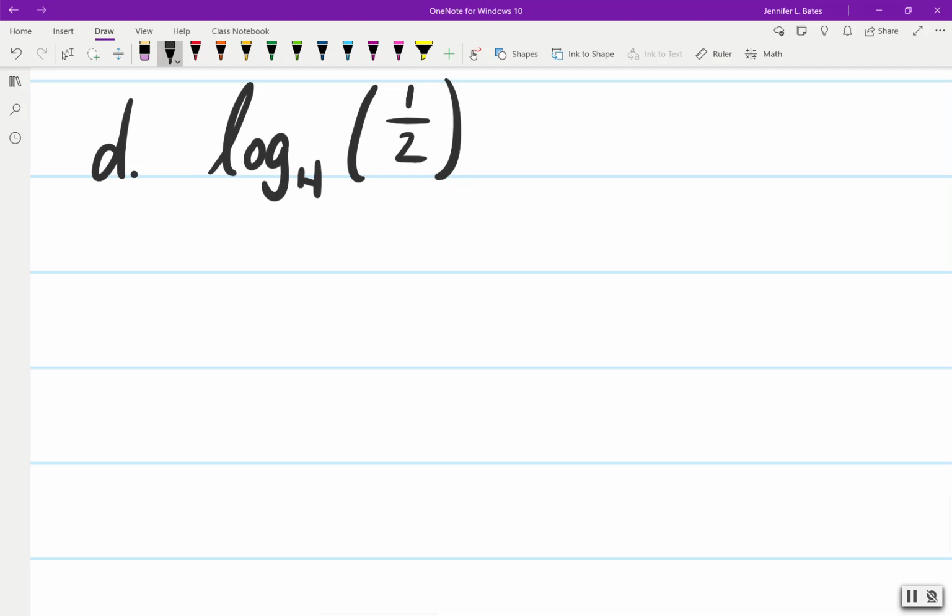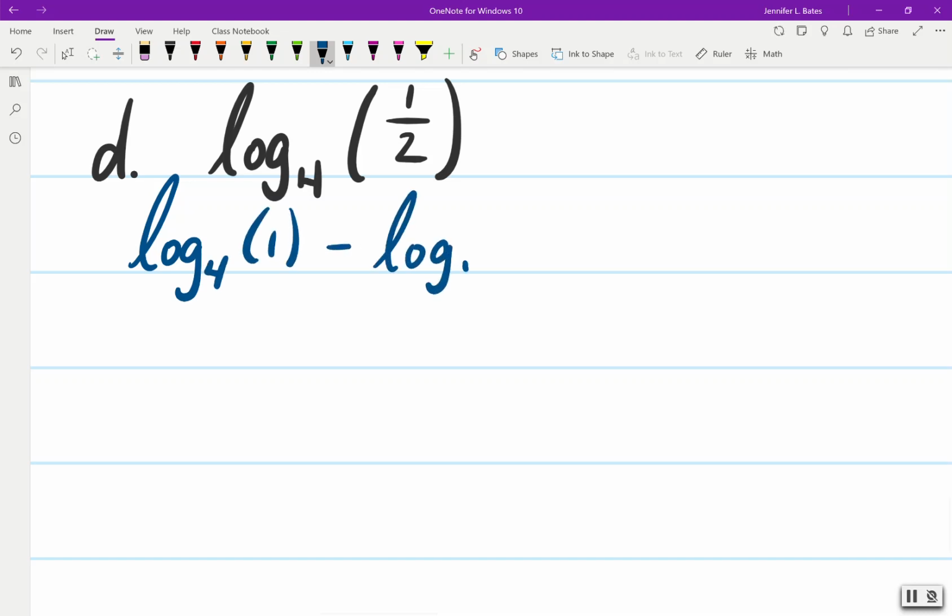So on this one, same thing. I see I have two pieces that are getting divided, so I'm going to split it into two logs. So this is log base 4 of 1 minus log base 4 of 2.